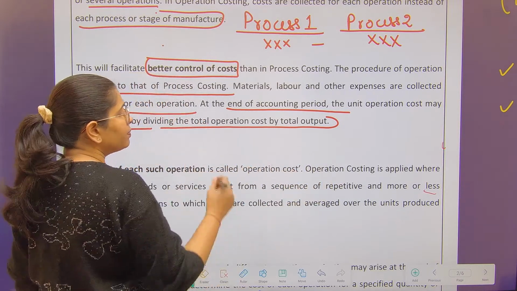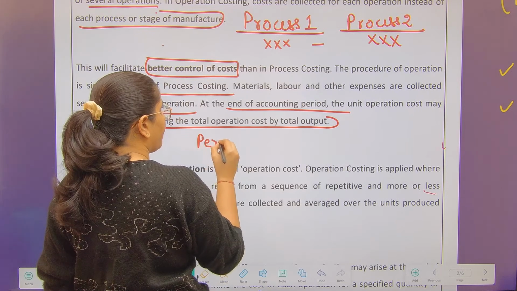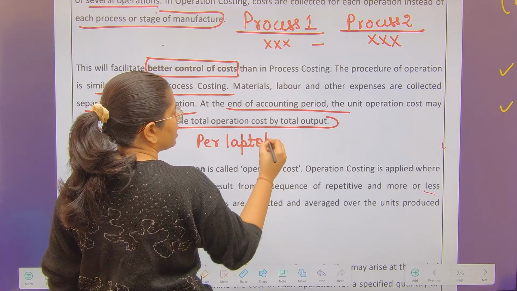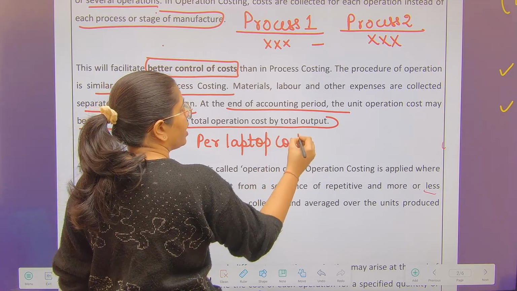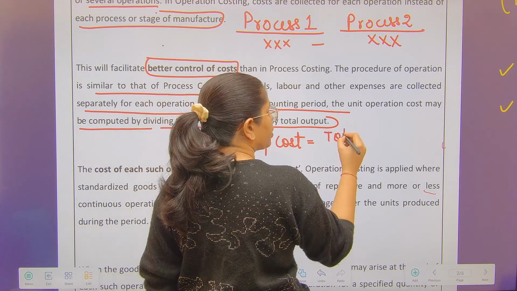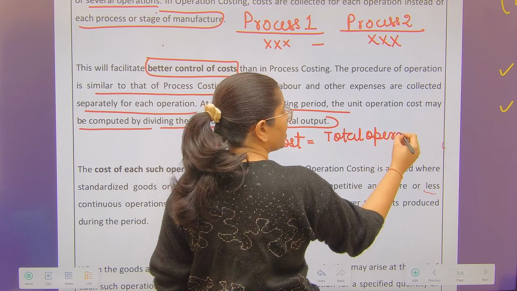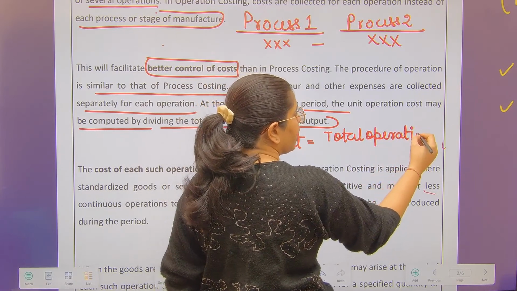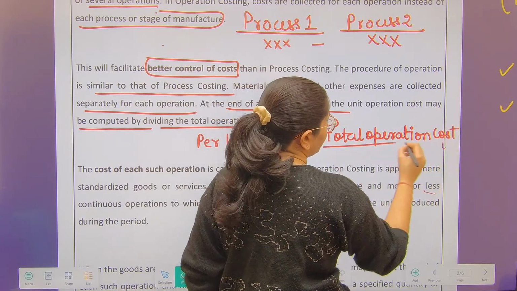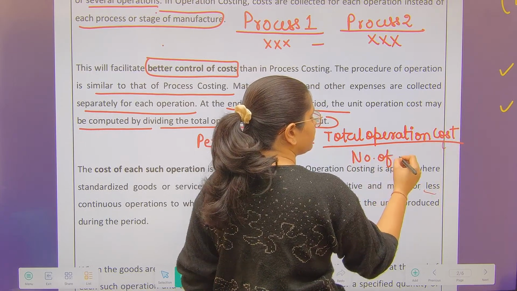What are they telling you? So, if I have to find out the per laptop cost, then I will find out the total operation cost, all those operations which are relevant for producing one series of laptop, right? Total operation cost divided by the number of units which you have produced.